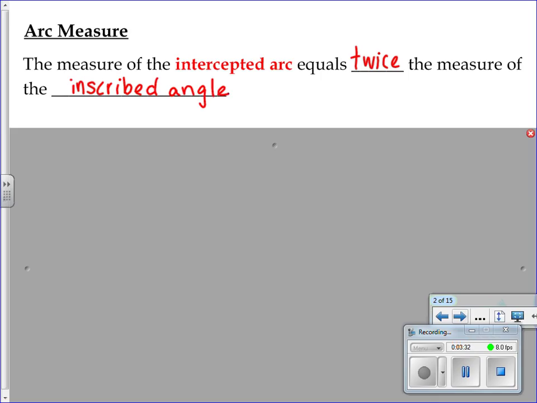So the arc is always going to be two times bigger than the angle. So you can just remember that phrase, or if you like equations, because that's a way of showing your work as you're solving problems, you can actually remember this equation. The arc equals two times the angle.